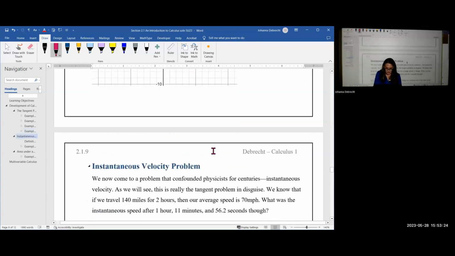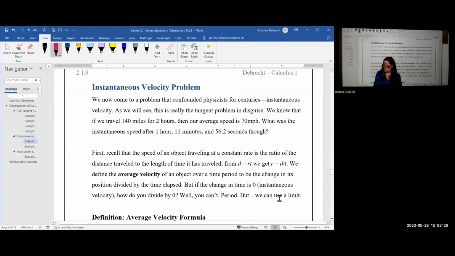Let's now take a look at the instantaneous velocity problem and why this is really, in essence, the same as the tangent line problem. When we think about instantaneous velocity, we know if we're traveling down the highway and we go 140 miles in 2 hours, we know from the formula that says distance is equal to rate times time, that we can find the rate by dividing the total distance by the total time.